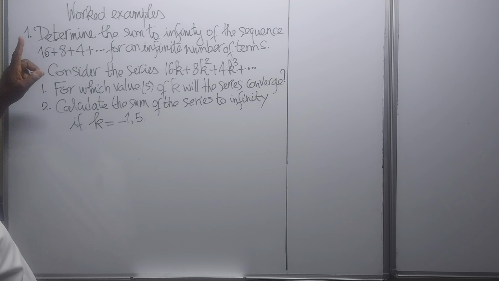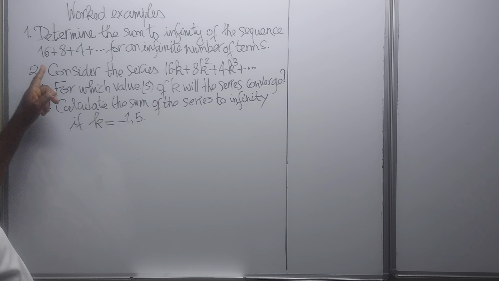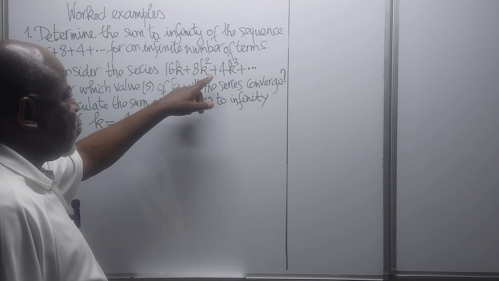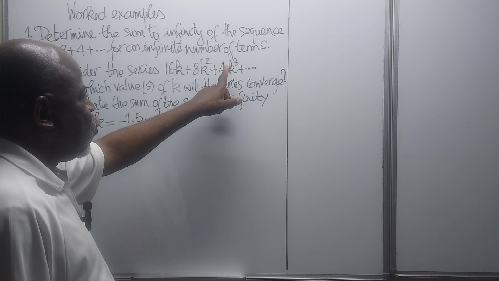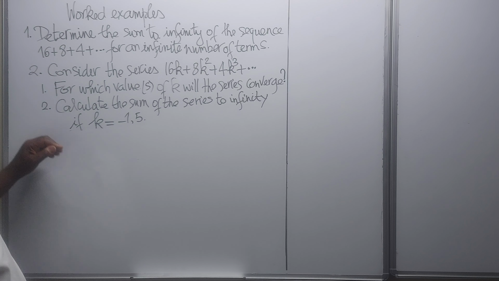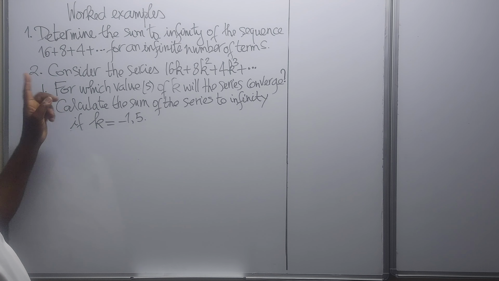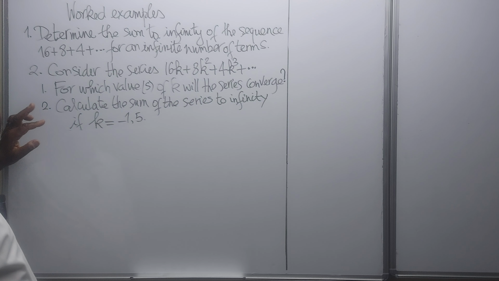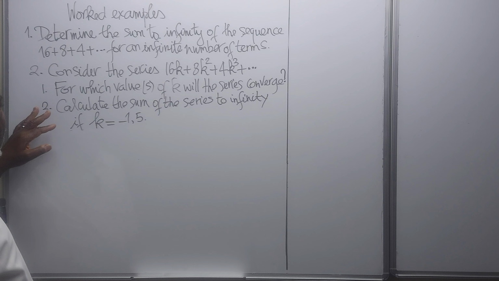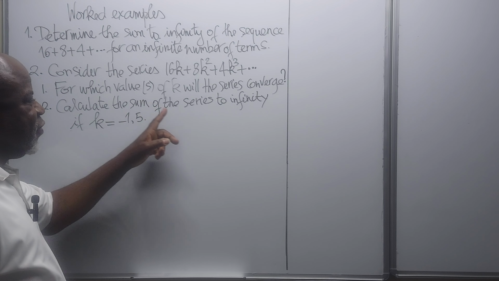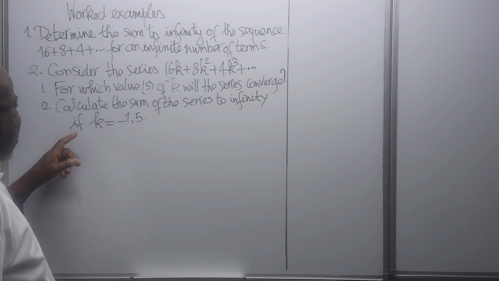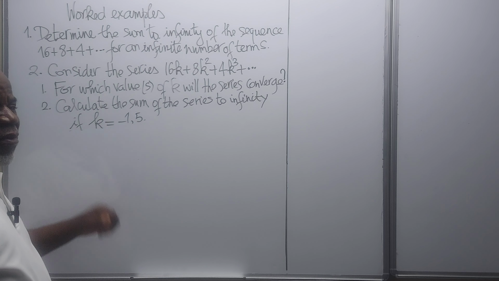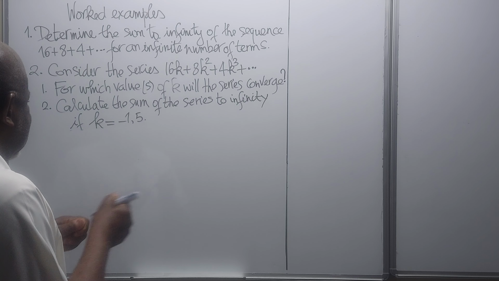The second worked example: consider the series 16k plus 8k squared plus 4k cubed plus and so on. First sub-question, for which values of k will the series converge? And number two, calculate the sum of the series to infinity if k is equal to negative 1,5. So we're going to go to the solution.